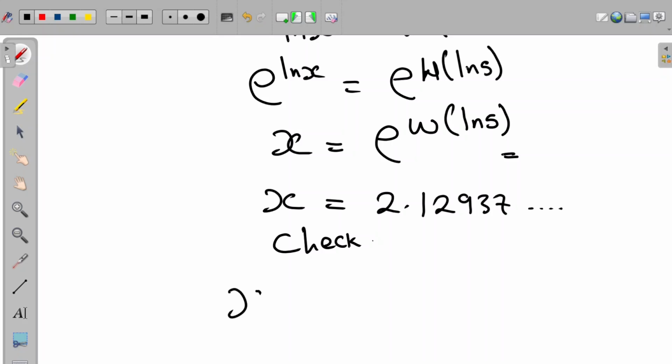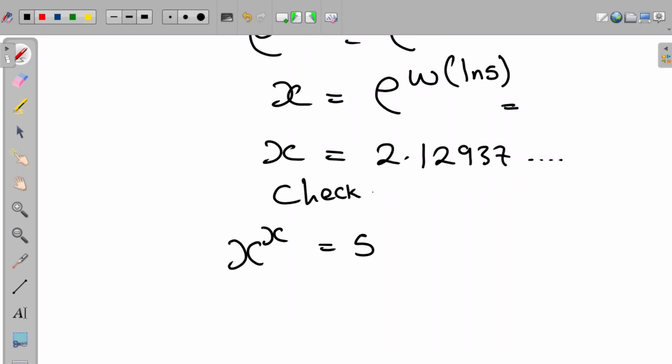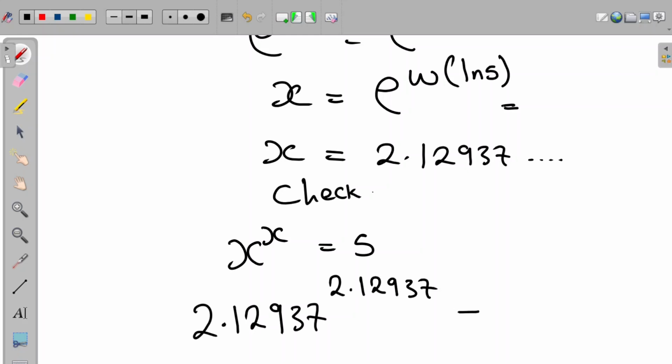We're given that x raised to the power of x is equal to 5. So if we plug in the value of x, we have that 2.12937 raised to the power of 2.12937 will be equal to 5.